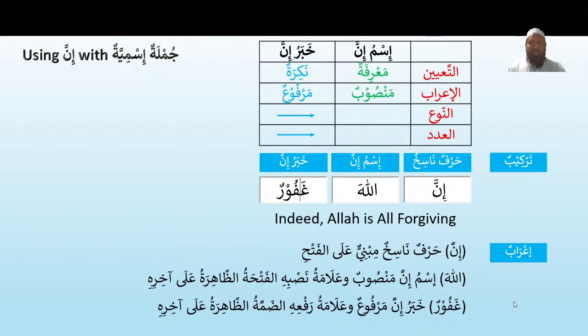As we know, the sign of mansub is the fatha. Sometimes this fatha can be visible, sometimes it can be invisible. When we come to the invisible one, we will talk about it. Now at the moment, it is visible, so we say الظاهرة.